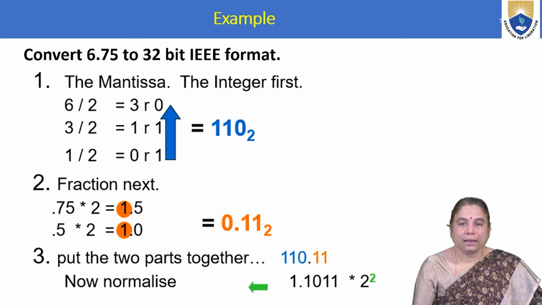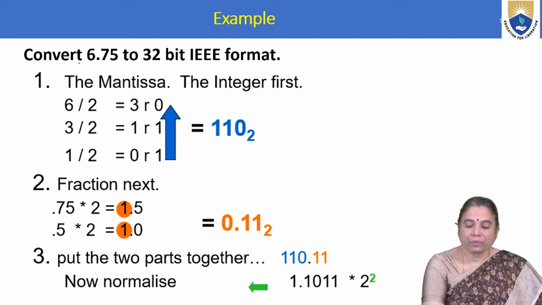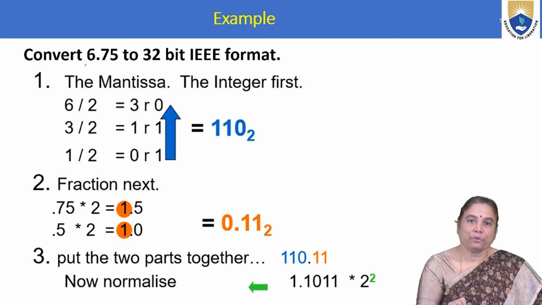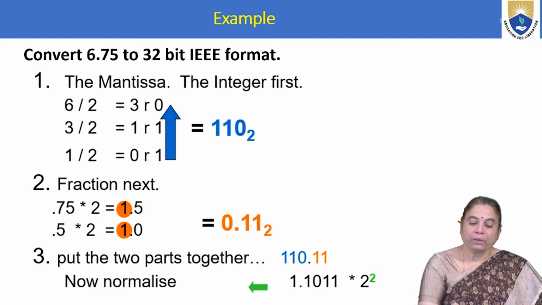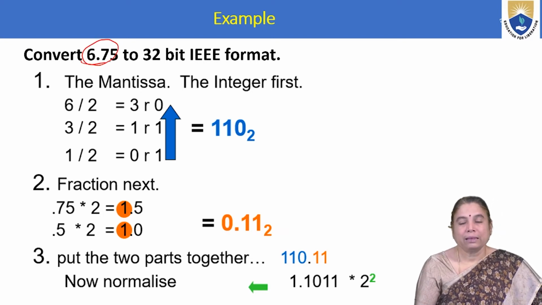Now consider an example of how a decimal number can be converted into floating point. Here the integer part of the number is considered during the first step. The number considered in the example is 6.75. The 6 can be represented in binary equivalent form.